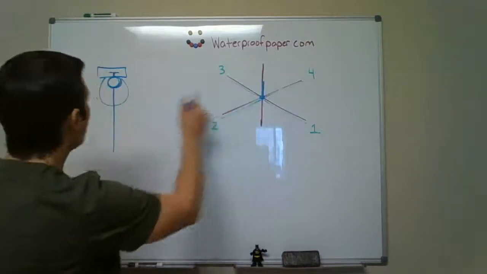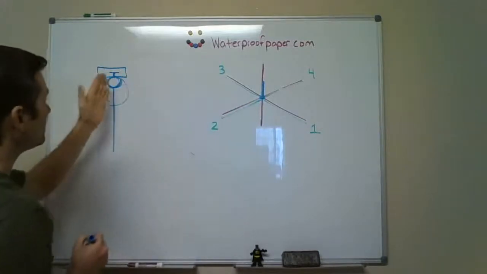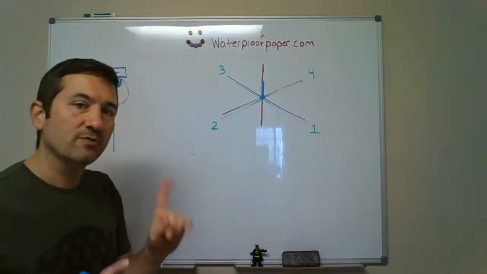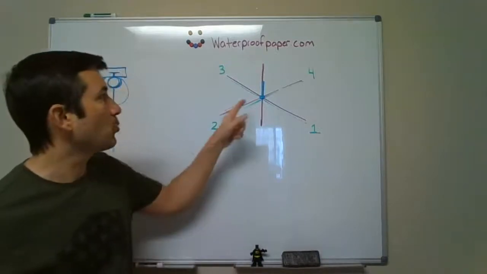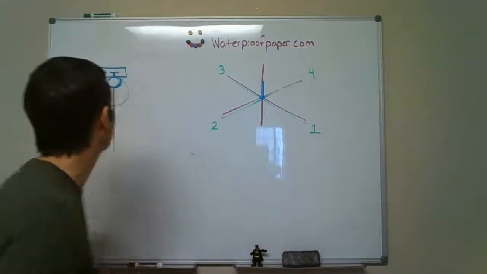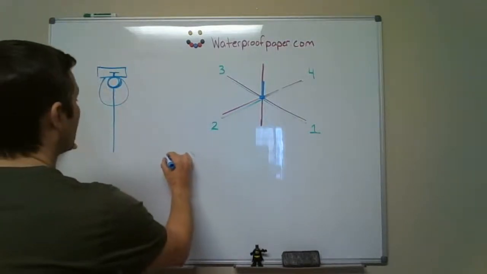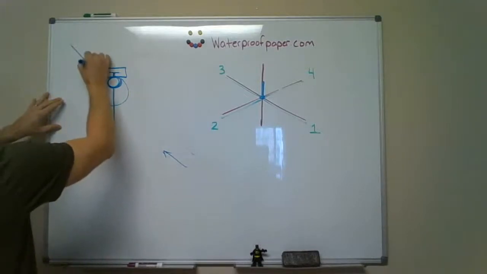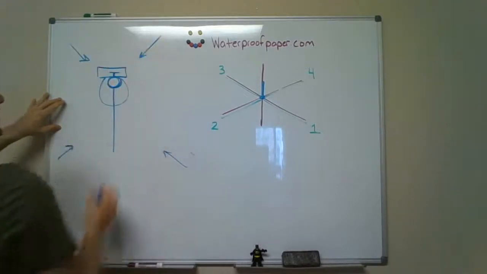So what did you just draw? The circle. Solid lines are the horizontal lines. Now you've got 4 different options as far as what perspective we are going to view this toilet from. Are we going to look at it from this direction? Are we going to look at it from this direction? Or from this direction? Or from here?